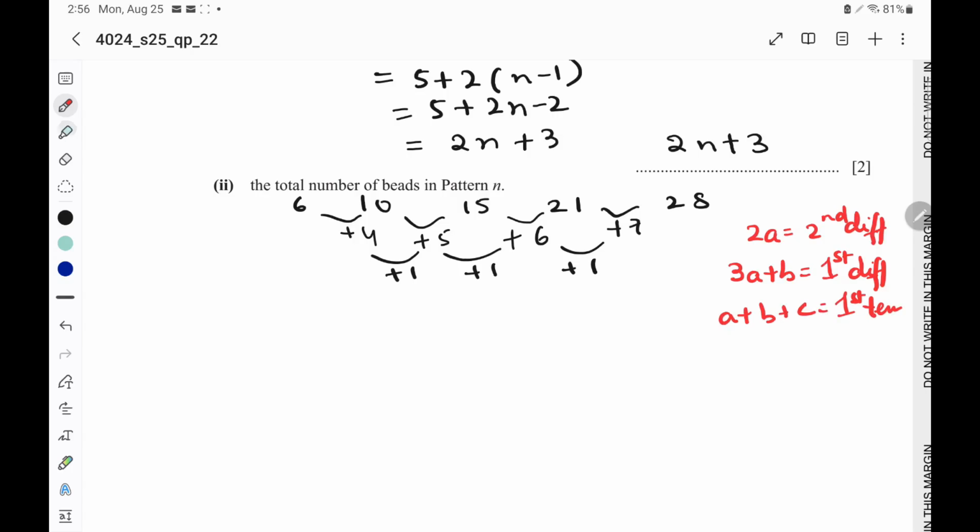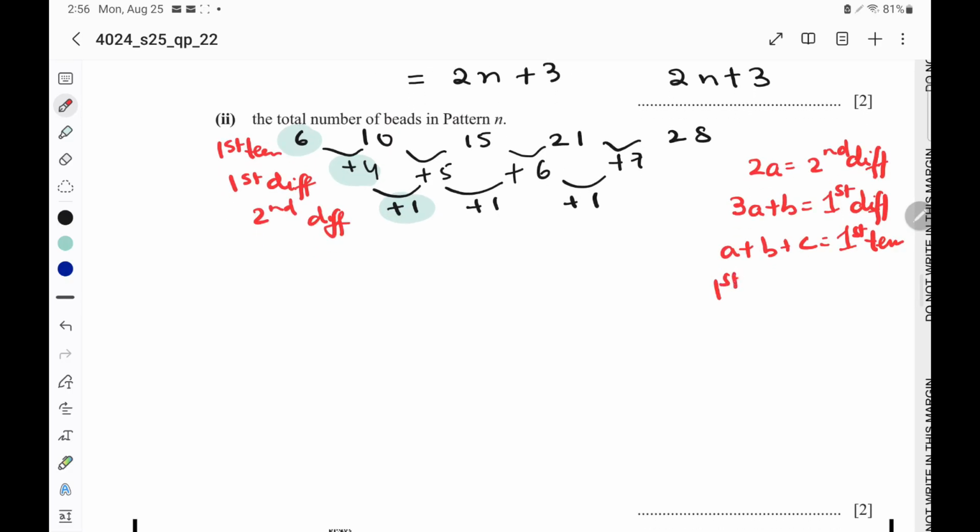So this is the first term, and this is the first difference, and this plus 1 is the second difference. All right, so the first term is 6, the first difference is 4, and the second difference is 1.